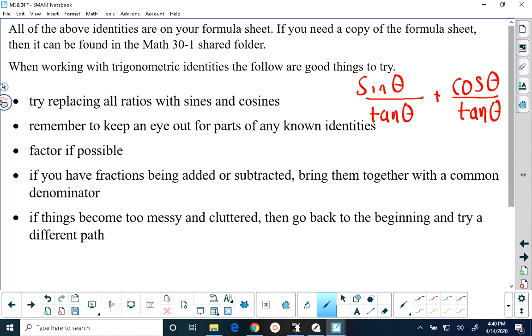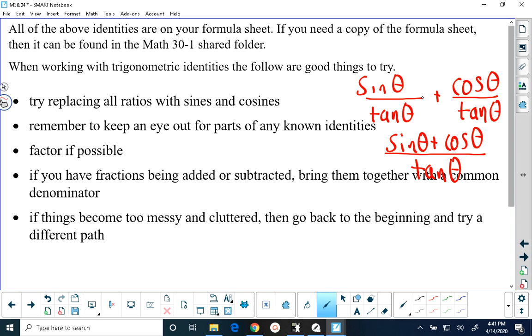And if they don't have a common denominator, then convert them to a common denominator. In this case, what I'm saying is you would end up writing sine of theta plus cos of theta all over tan of theta.